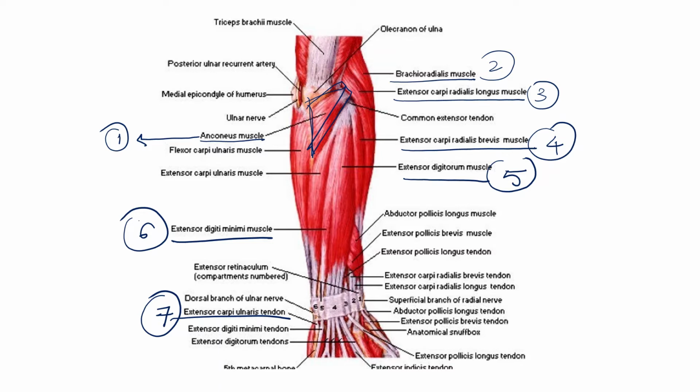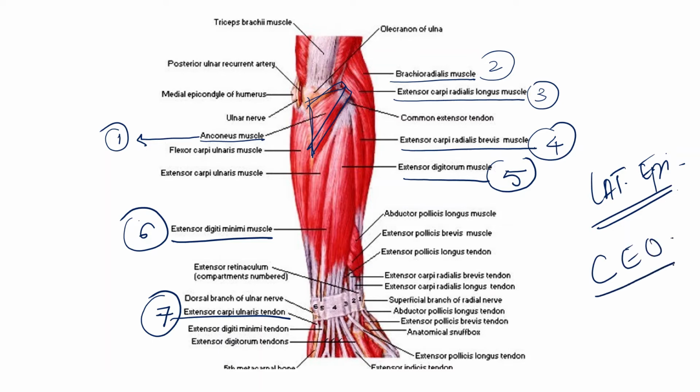Yes, this is the arrangement of these muscles from lateral to medial. We can see here all the superficial muscles of the back of the forearm take their origin from this point on the lateral epicondyle of the humerus, which acts as the common extensor origin.